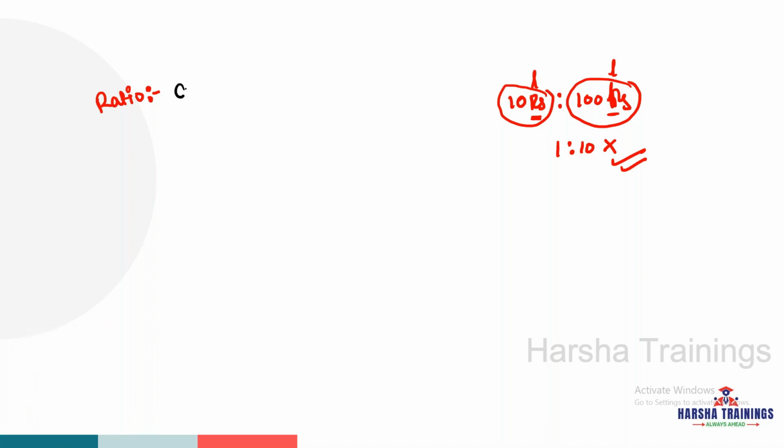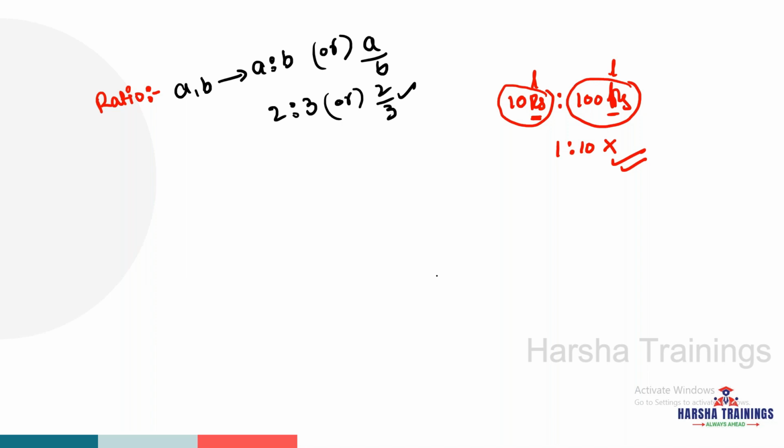For example, for A comma B, the ratio is A is to B, or A by B, which is the same. For example, 2 is to 3 or 2 by 3 is the same.